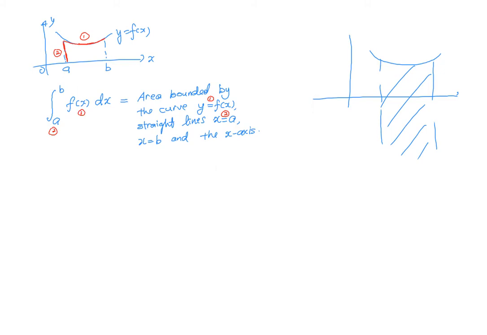And this is the third one. And dx is the fourth one. Which means that if I put dy, then it will be different. It will become the y-axis that is involved. So you have to define it properly.